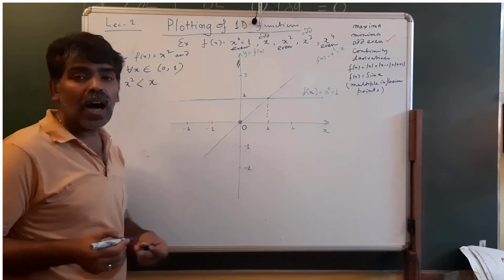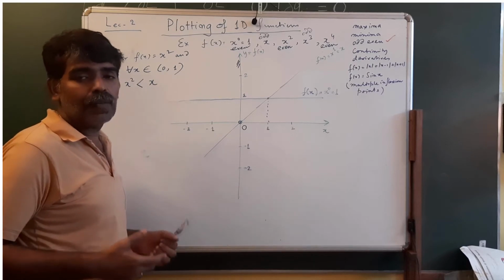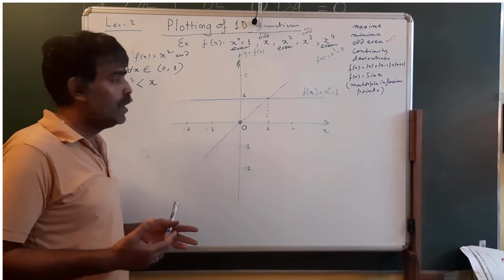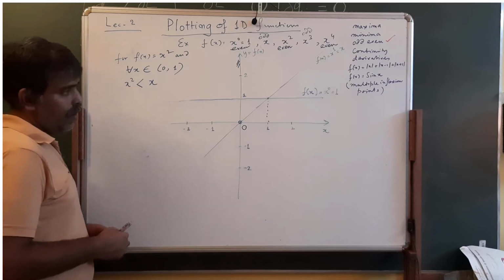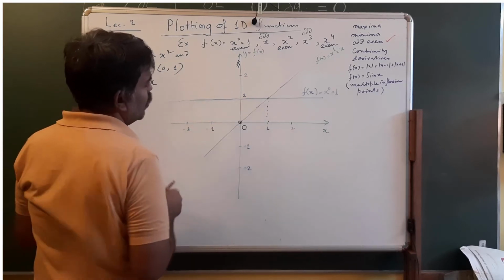Take an example, half. Half squared is 1/4. So 1/4 is less than half. So here the function is less than this curve, right?